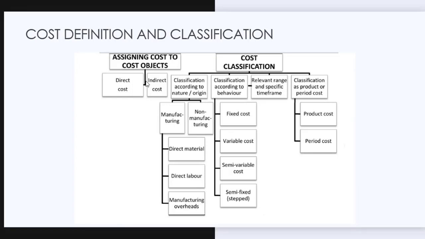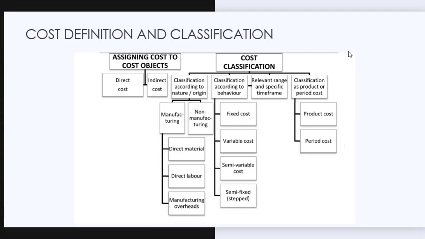So part of defining your cost means being able to say that the costs I can trace from this table, these costs are direct costs and these costs are indirect costs. That's how you will be able to define your cost.